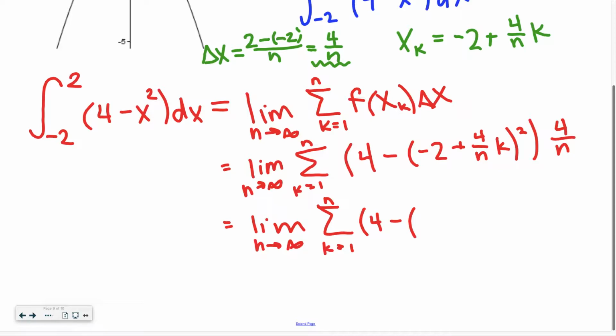A times A would be 4. We would have A times B twice. We have negative 2 times 4 over nk, which would be negative 8 over nk, and we have that twice. If you need to FOIL and do all 4 terms, you go for it.